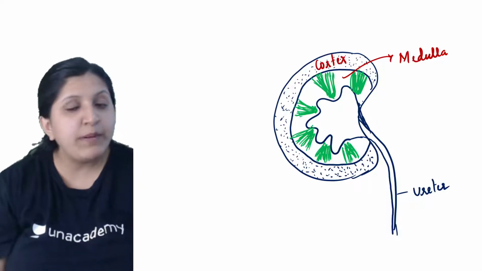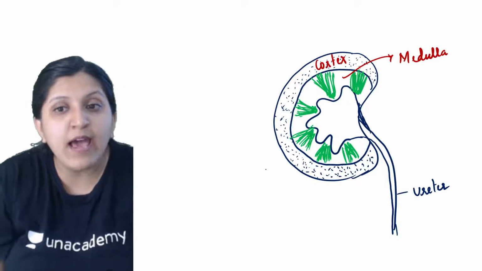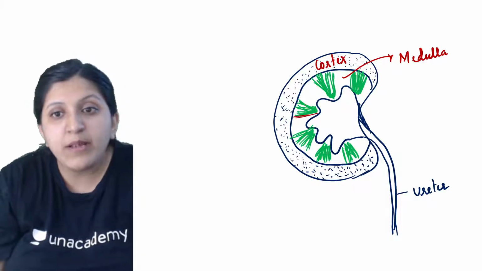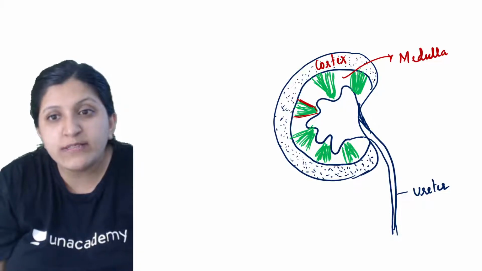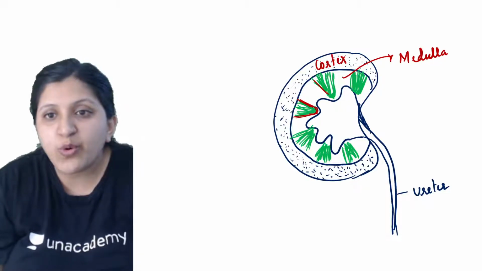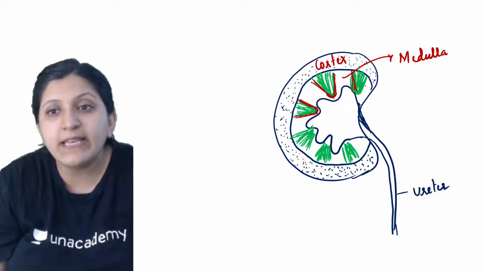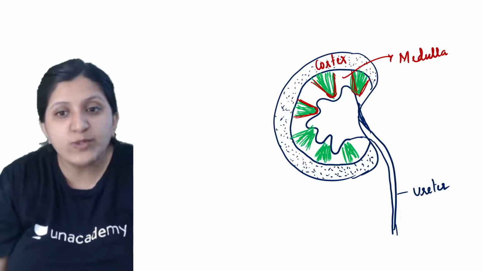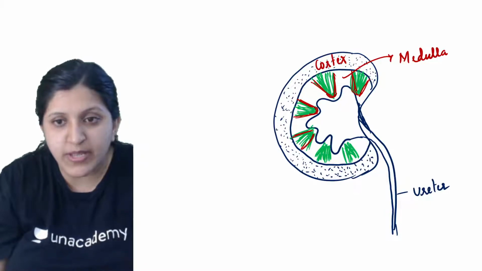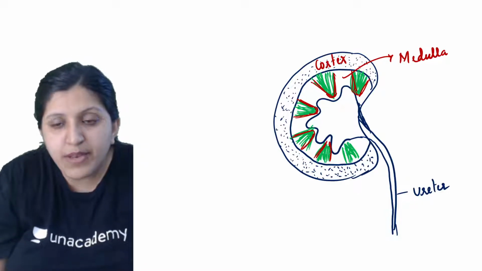Now in the medulla region, we can observe the renal pyramids. This one is a renal pyramid. Everywhere you can see this is basically how this structure is formed. I'll explain this one. So now this is a renal pyramid over here.